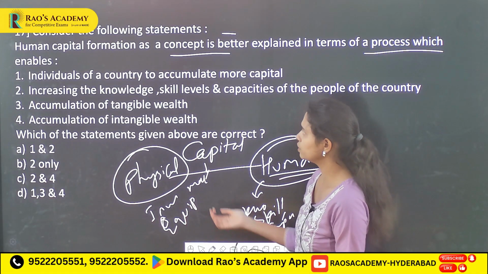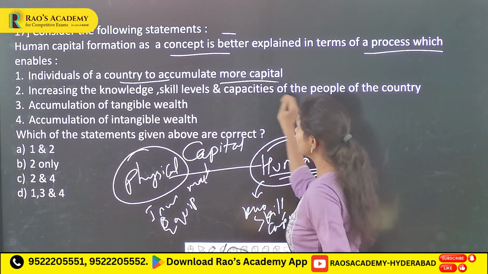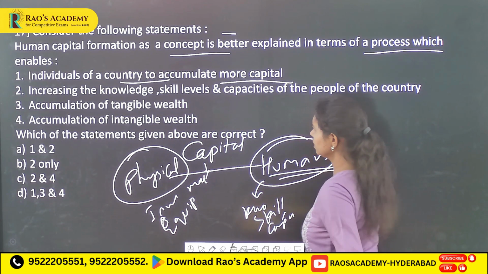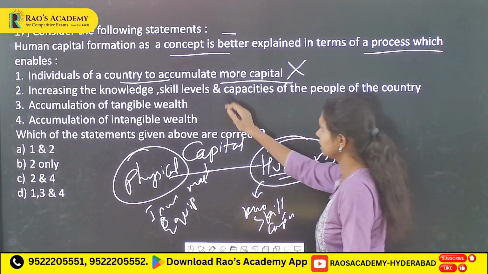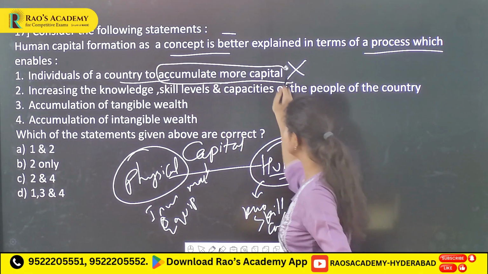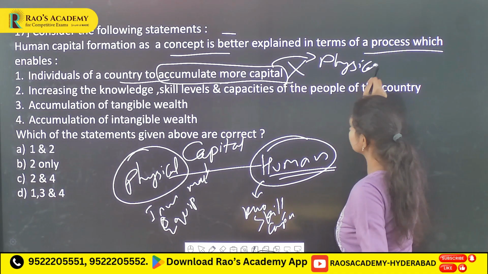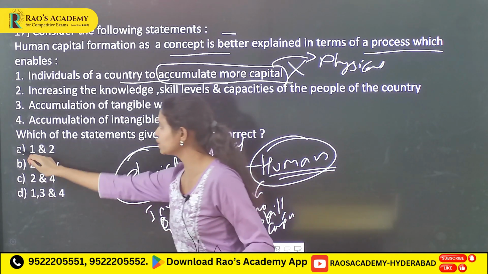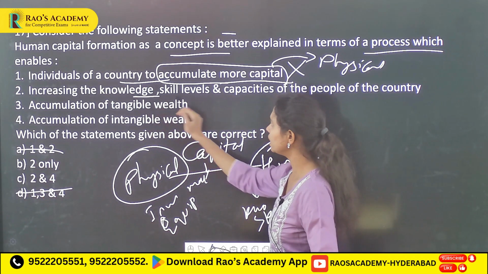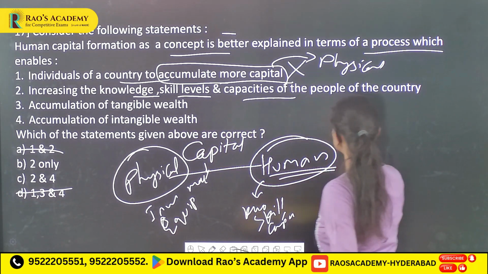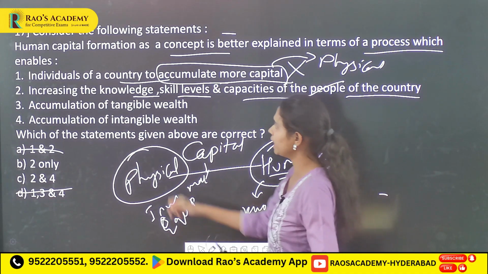So if you see the first statement, individuals of a country to accumulate more capital, it is not talking about the accumulation of more capital. Here the accumulation of more capital is talking about physical capital, not human capital. So the first one is going to be an incorrect one. Then, increasing the knowledge, skill levels and capacities of people of the country is directly a correct statement. Then, accumulation of tangible wealth.